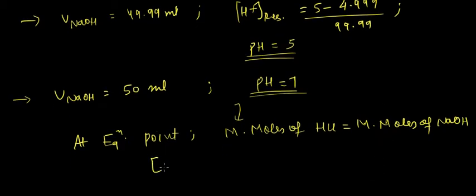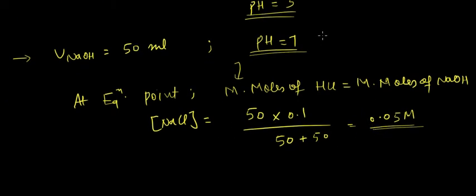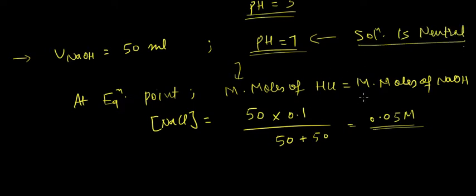Okay, and concentration of NaCl in this case would be 50 into 0.1 divided by 50 plus 50, that would be 0.05 M. Okay, and the reason this pH is 7 is because the solution is neutral, because in aqueous phase at this point of time it would have equal amount of H plus and OH minus ions.